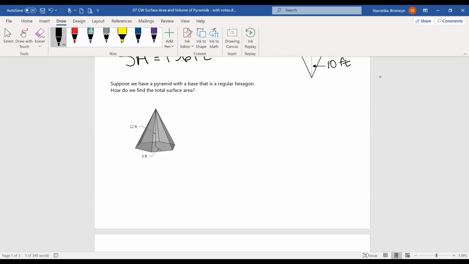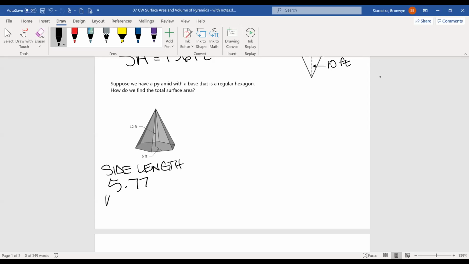So for the sake of time, I'm going to tell you that the side length, each length of the hexagon, is going to be 5.77.